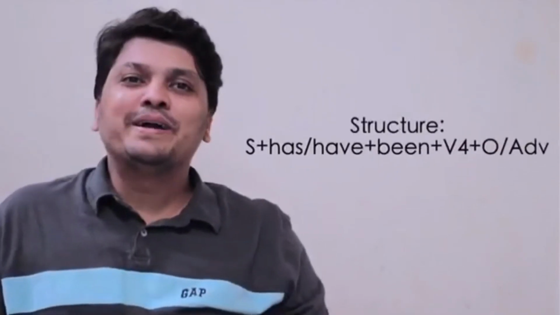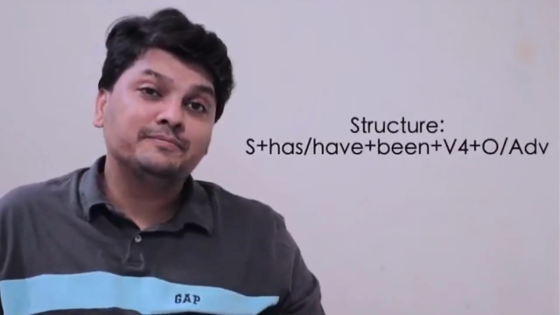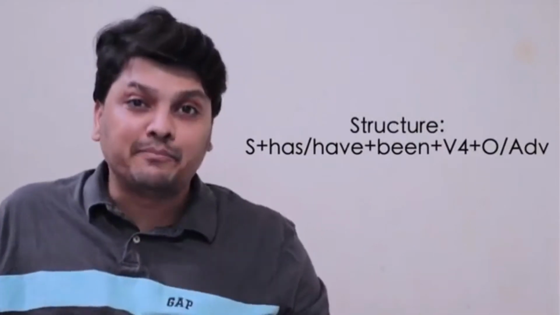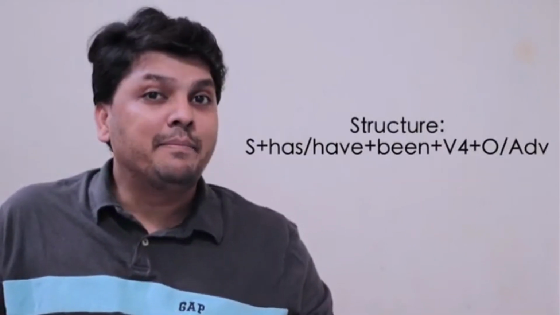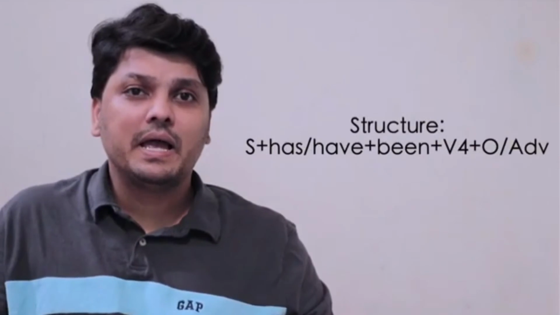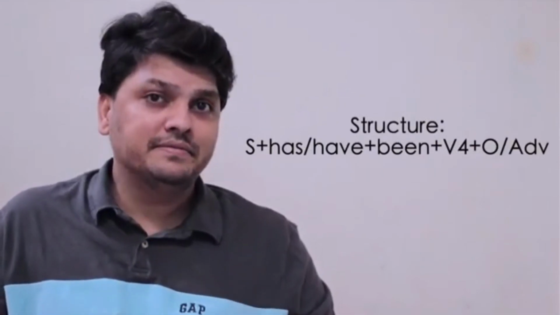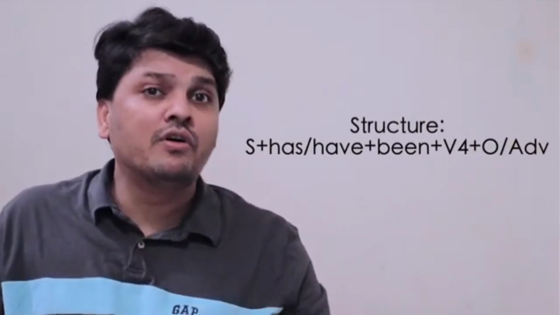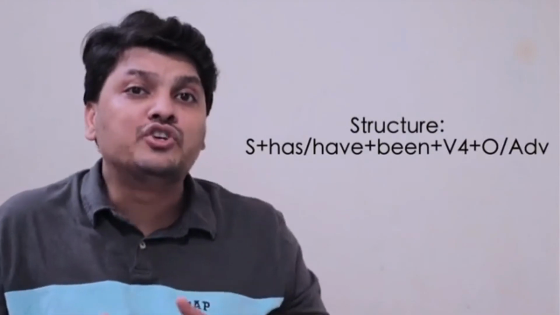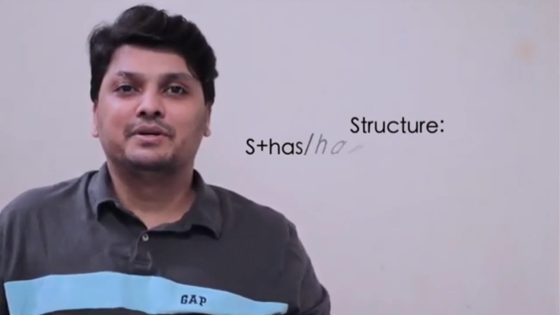So, how to identify this structure? It starts with subject, helping verb has or have, plus been, plus V4, plus object or adverb. V4 is V plus ing.